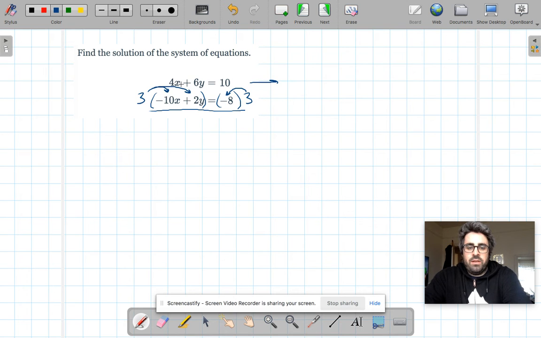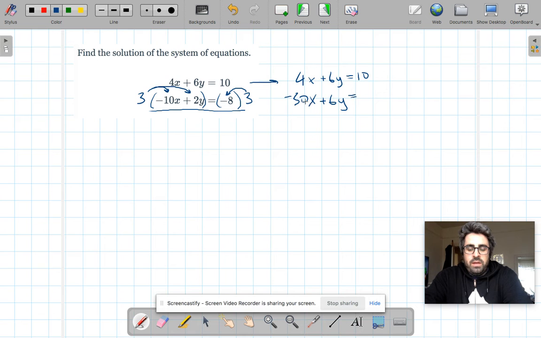So I'm going to rewrite this first one unchanged because we're not going to multiply by anything. And then I'm going to multiply the second equation by 3 everywhere. So 3 times negative 10 is negative 30. 3 times positive 2 is positive 6.